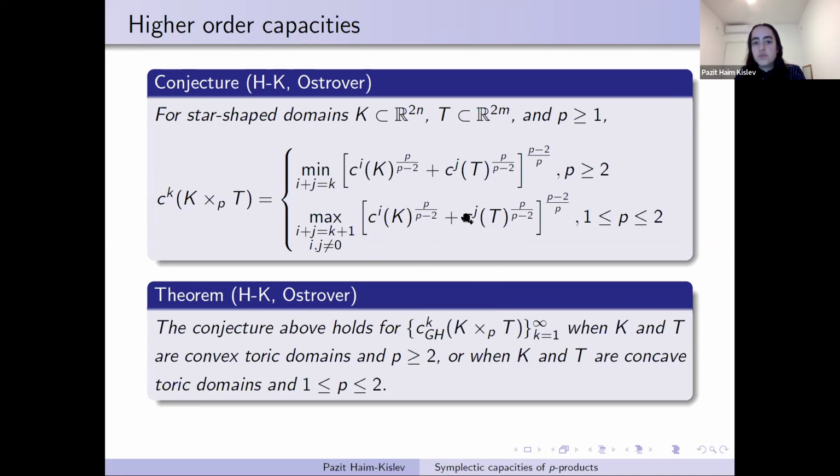They are also equal to the k-th element in the sequence of c_i(K), c_j(T) arranged in non-decreasing order with repetitions. So if you take all the higher order capacities of K and T and arrange them, then the k-th element is c_k of the product.